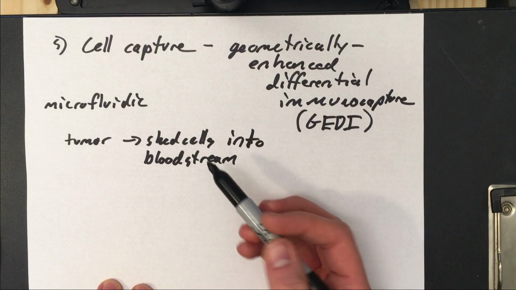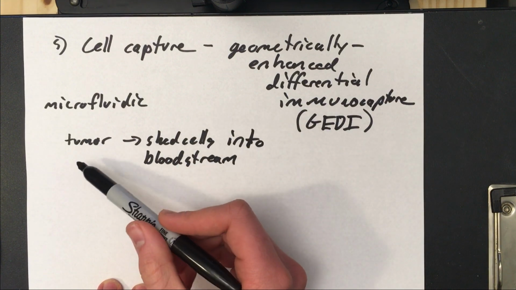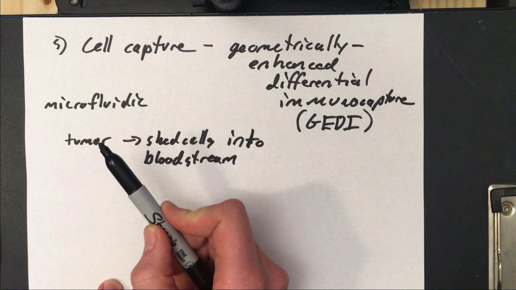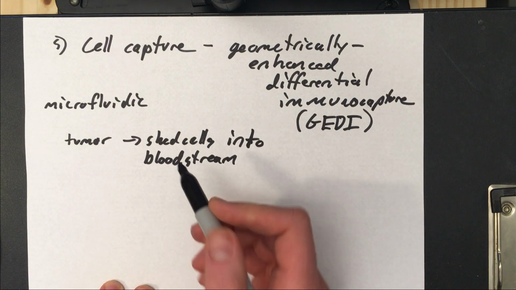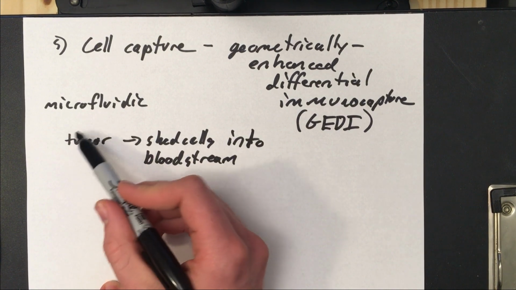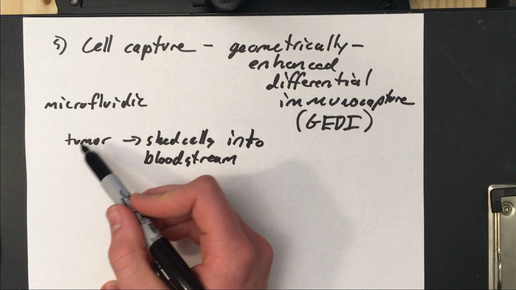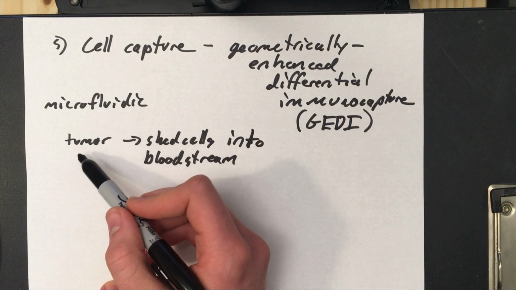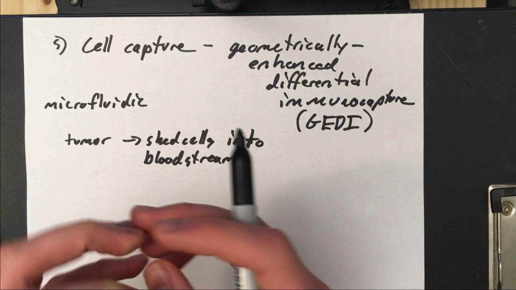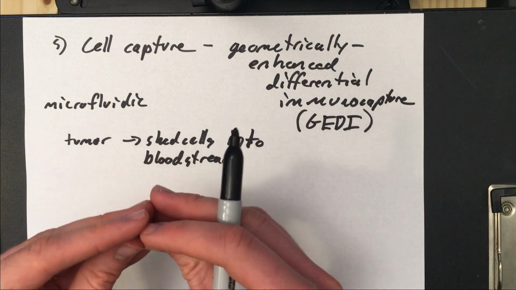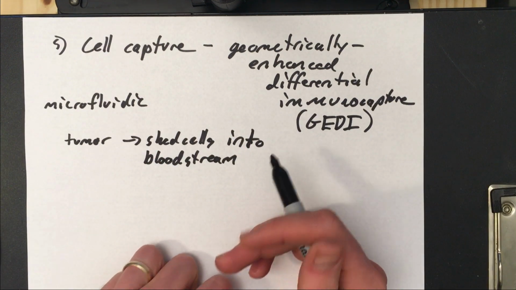And cancer's awful, right? But one of the things with most epithelial cancers is it's usually not the primary tumor that poses the most risk to the patient, but the risk of that cancer metastasizing and forming not just one primary tumor, but lots of tumors all over the body.